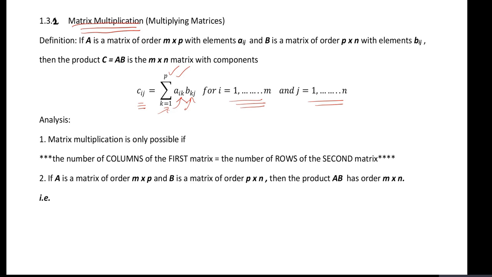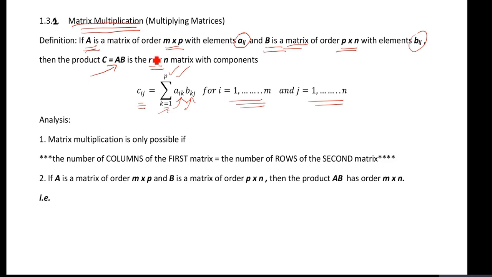Let's consider this. We have a matrix A of order M by P, with elements a_ij, and a matrix B of order P by N, with its elements b_ij. When I multiply A times B, I'm going to create a new matrix, which I'll call C, and C has the order M by N. Now, look very carefully.